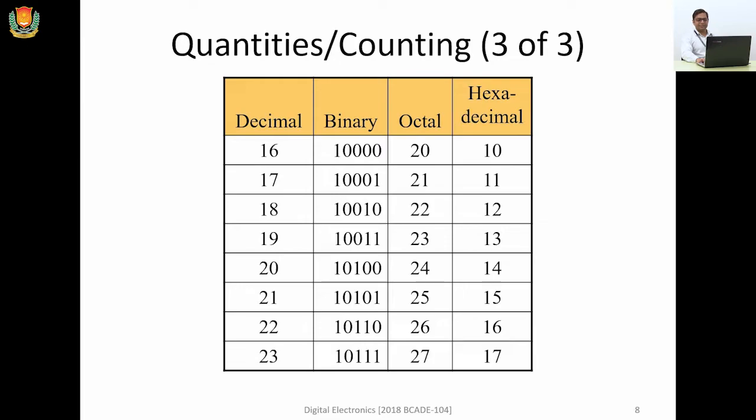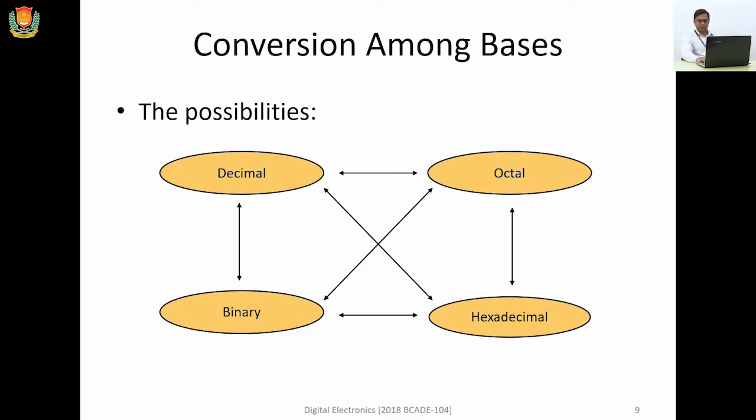The decimal 16 is equivalent to 10000 in binary, 20 in octal and 10 in hexadecimal. We will convert these numbers as well. Now we have to convert these numbers from one number system to another. Why is it required?